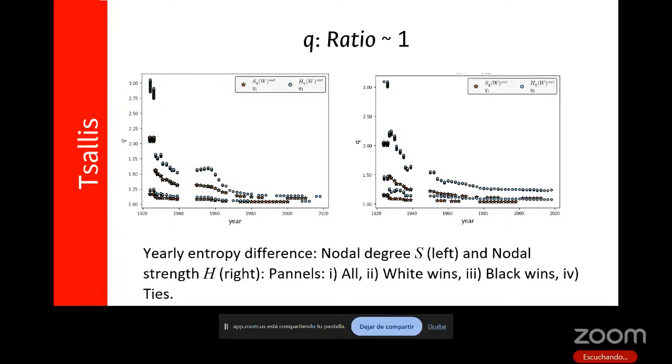In this case, we're going to have two solutions for Q, because we have this curve, it means that we have two sets of Qs for both entropies, the one that we called S and the one that we called H, and they are going to have also information about how the game as a whole in the world has been developing or evolving.